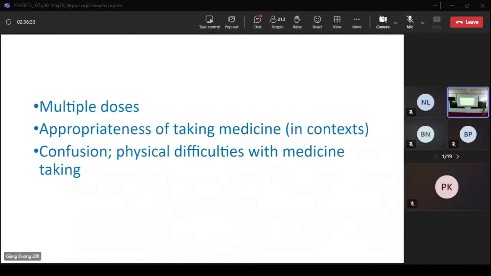When using antibiotic, the doctor often care for the weight of patients or the weight of the children, not the age. Okay, that's called multiple doses. The different doses for different groups of patients. Hiểu không?